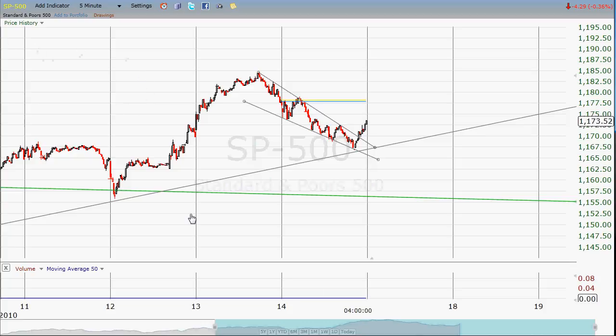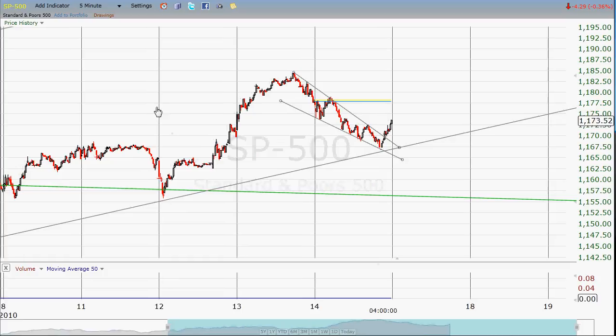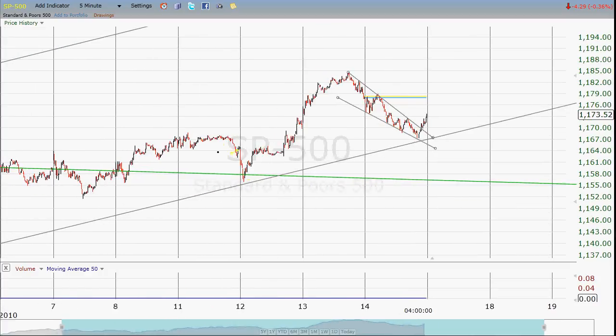Kind of interesting here too, if I can point out one more thing before I wrap this up. Look at the resistance that this level right here created.